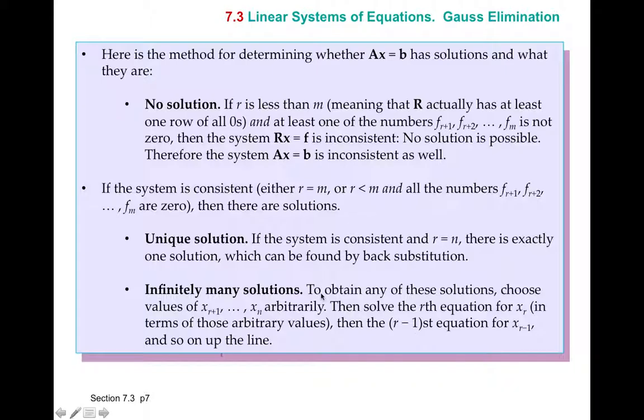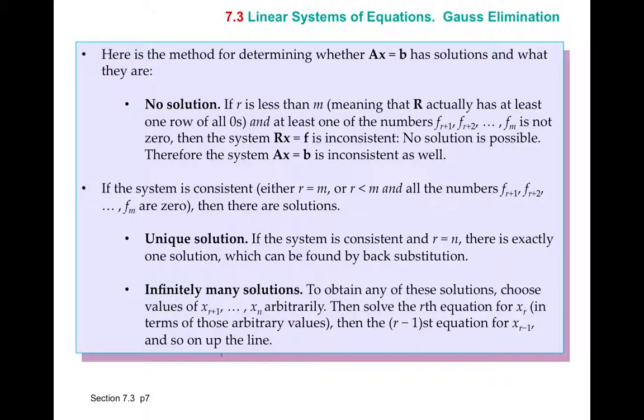If you have infinitely many solutions, then basically what happens is for every x variable beyond R, you arbitrarily choose a value. And then you solve the rth equation for x sub r and go back substituting to solve the previous equations. So let's go back over that.